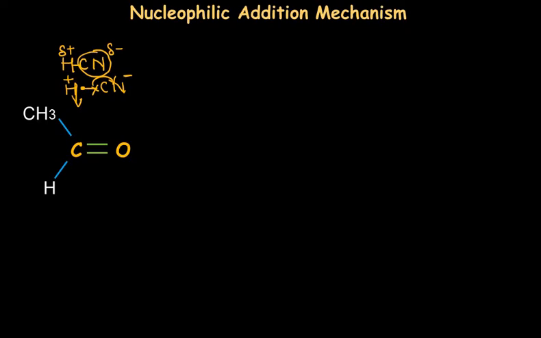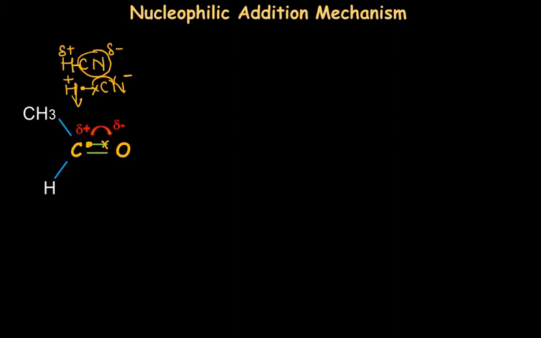Here the aldehyde, the carbon carrying the carbonyl group, carries a partial positive charge and the oxygen carries a partial negative charge. Of the double bond present between C double bond O, one of the bonds will be broken and the bonding pair of electrons will be carried by the oxygen, and hence one of the bonds breaks out of the double bond.